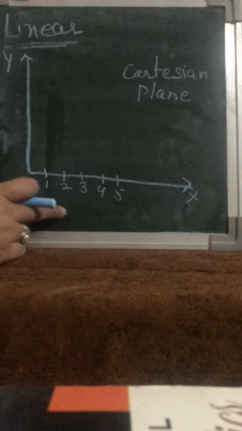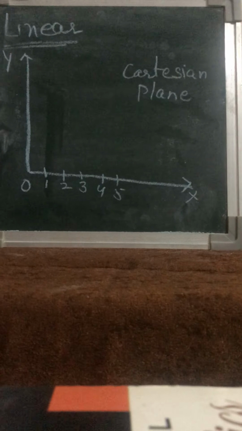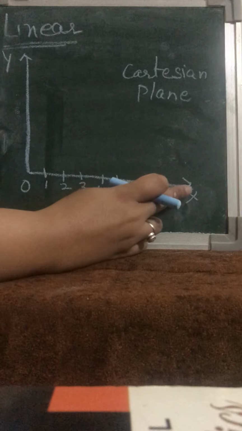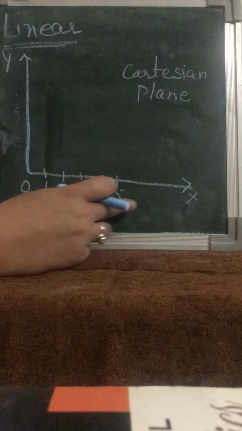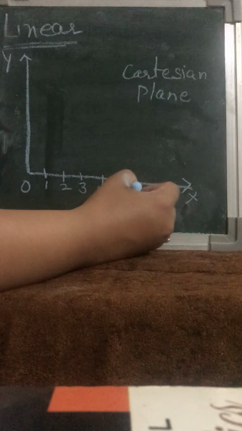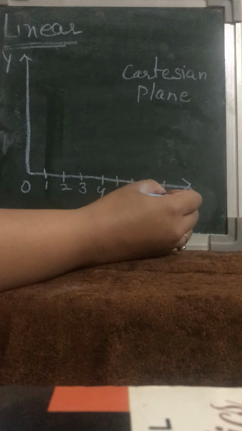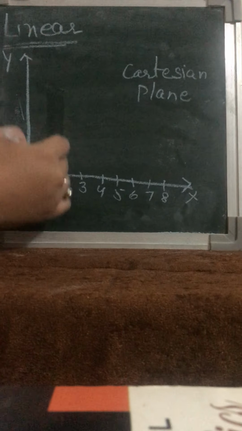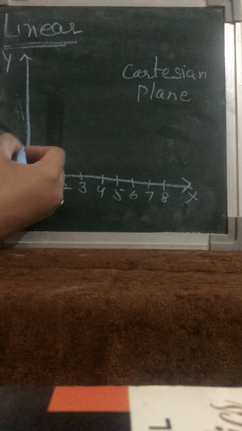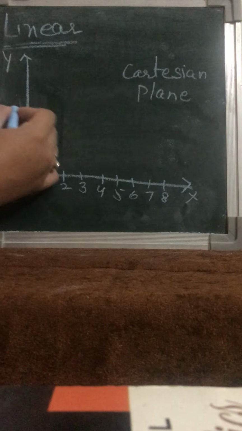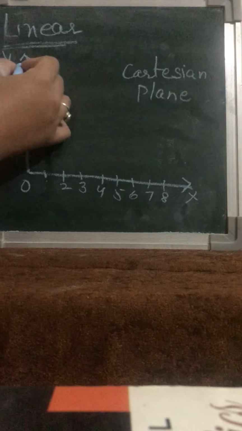Now children, I don't have a graph paper. How will you do? You will keep your scale here and put the points at 1 centimeter. Similarly, you will keep a scale here and again write the points at 1 centimeter.